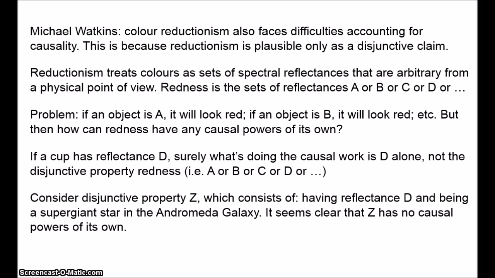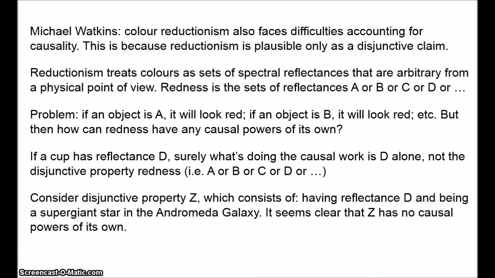Anything that either has spectral reflectance D or is a supergiant star in the Andromeda galaxy has the property Z. Surely it's obvious that Z doesn't have any causal powers of its own. What has the causal power is having spectral reflectance D, or it's being a supergiant star in the Andromeda galaxy. But Z clearly doesn't have any causal powers.